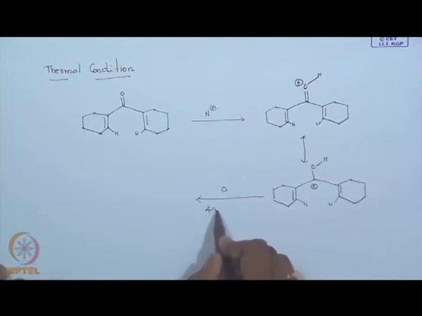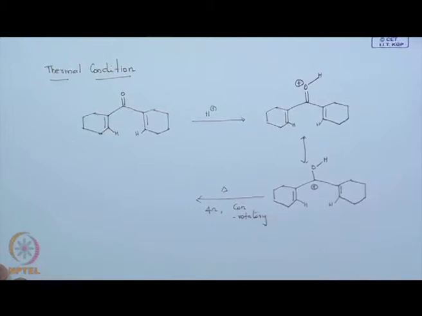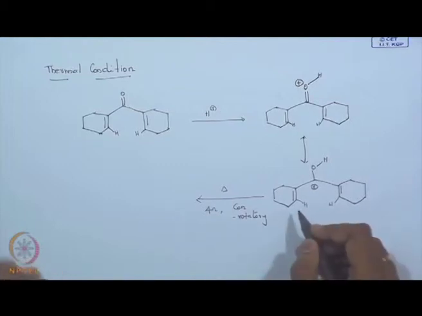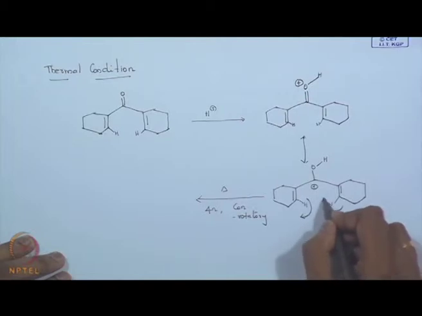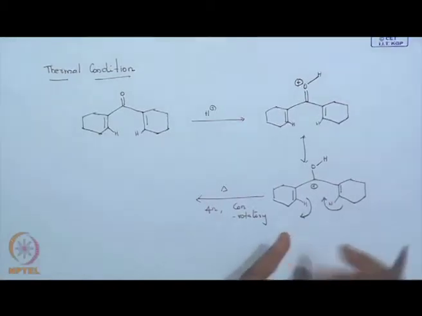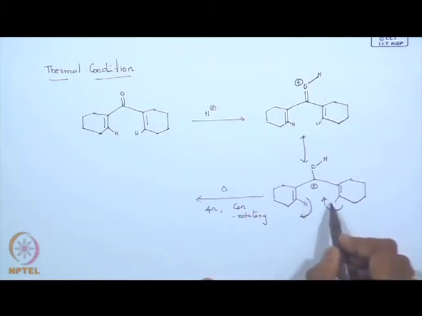What you studied in a 4N system on heating is conrotatory. Both should be in the same direction, so both should be clockwise. So, one of your hydrogens will be out and one should be in. Clear?